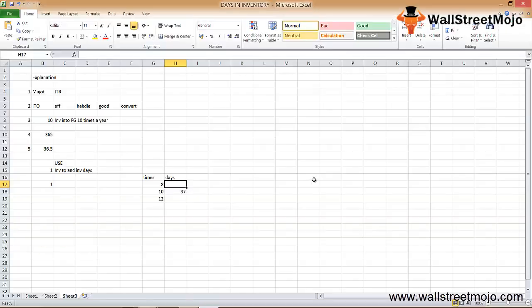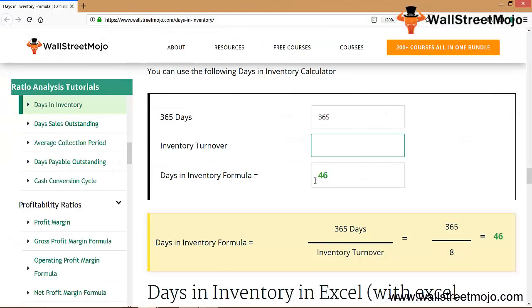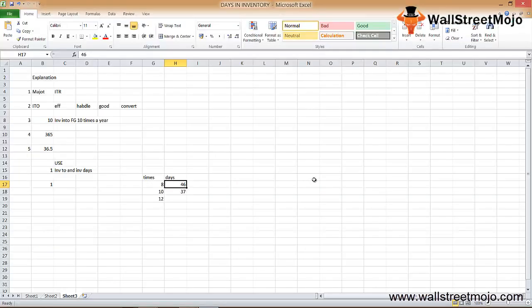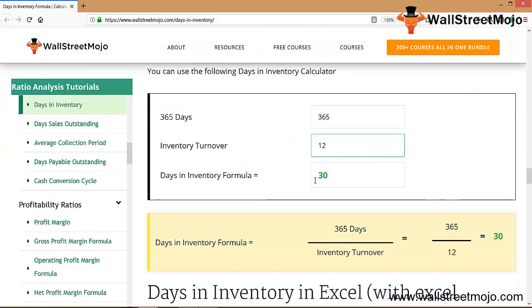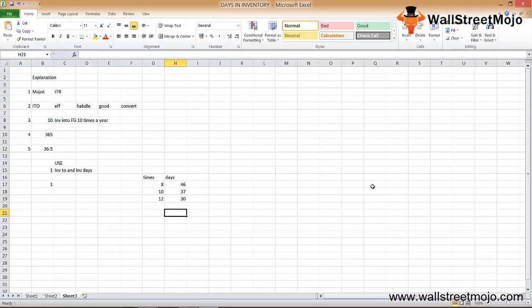If it is 8 times, it takes 46 days. So as the ratio goes down, the number of days to convert goes up. And as we move to 12, it moves down to 30 days. So your days in inventory is reducing if your inventory turnover ratio goes up. So the higher the inventory turnover ratio, the lower the days in inventory.